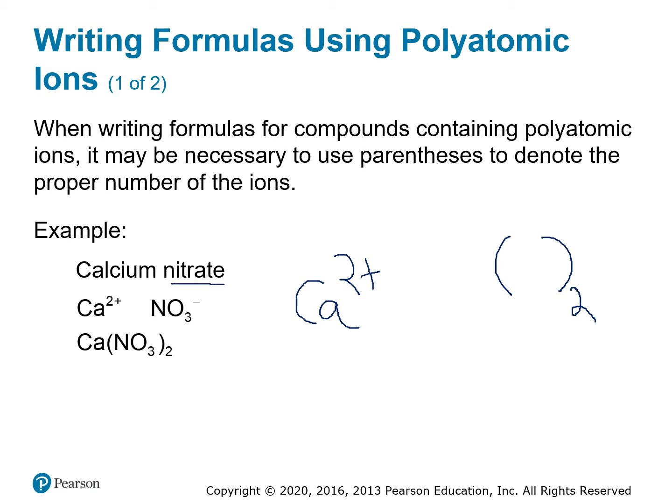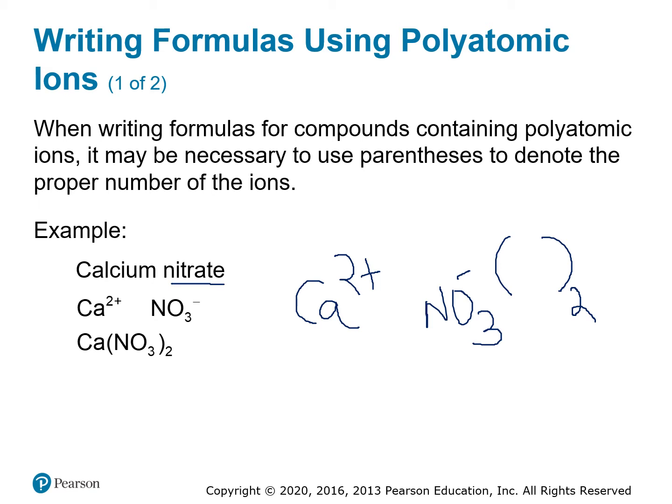Nitrate is NO3. It's a polyatomic ion, NO3, and it has a charge of -1. You don't have to write the 1; the minus itself represents that there is 1. If it is more than 1 charge, then you write it down.